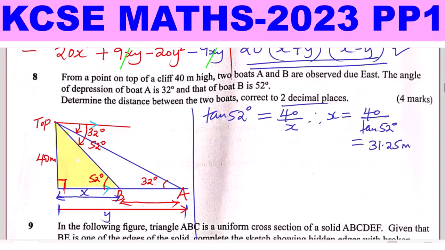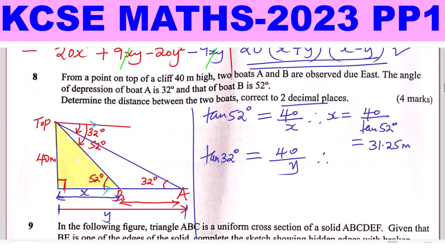Then we have now the bigger triangle, with the base y. So we take this angle 32, so tan of 32 degrees is equal to the opposite side, which is still 40, but now the adjacent is y. The whole of that length is y. So this one will be able to get y.